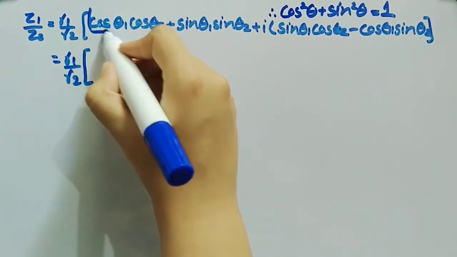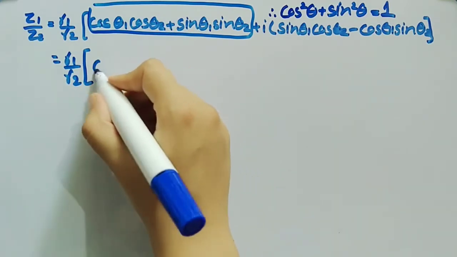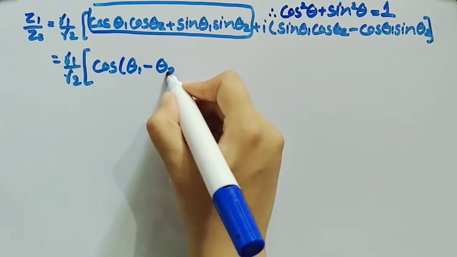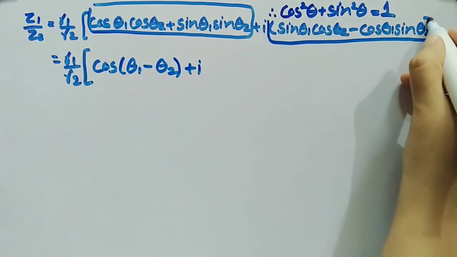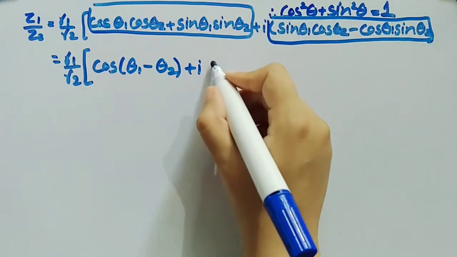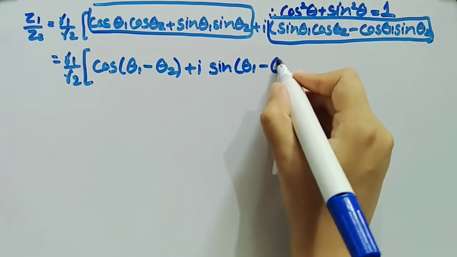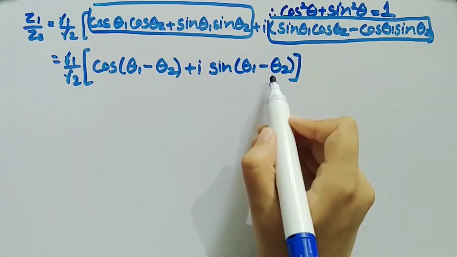We know that this term is equal to cos theta 1 minus theta 2 plus iota, and this is equal to sin theta 1 minus theta 2. These both are the trigonometric identities.